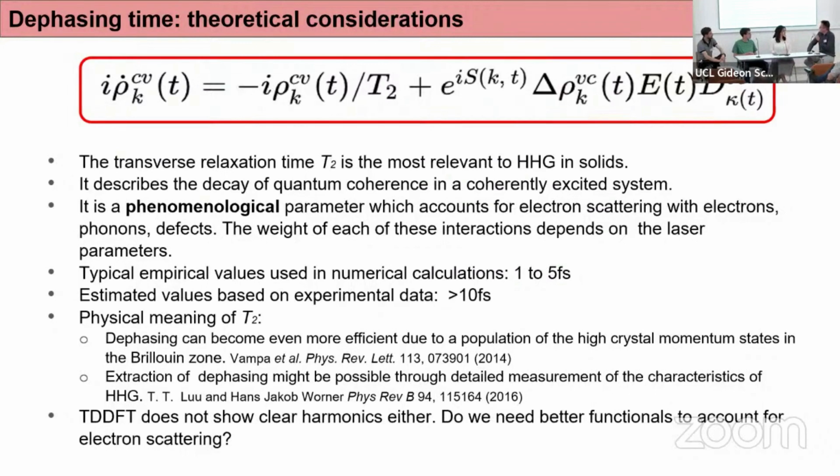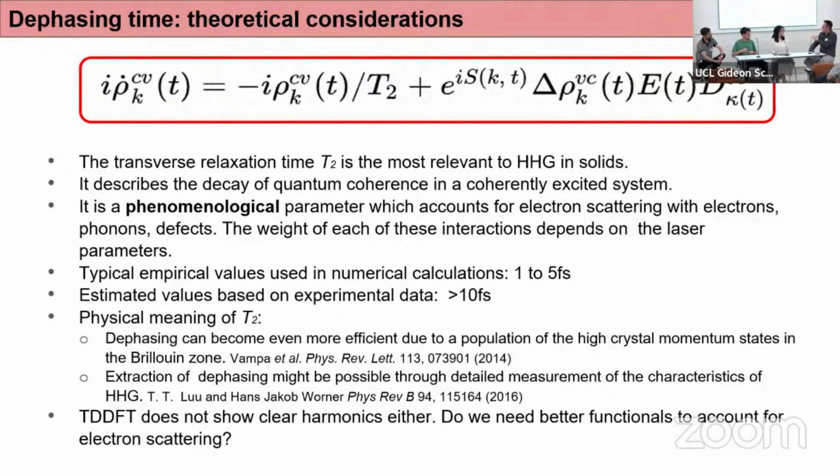Because of the intensities, in the other experiments where this T2 was determined, the electron was only sitting at the gamma point, while in HHG in solids, the electron explores the whole Brillouin zone, and that might lead to shorter dephasing times because of the higher bandgap energies.